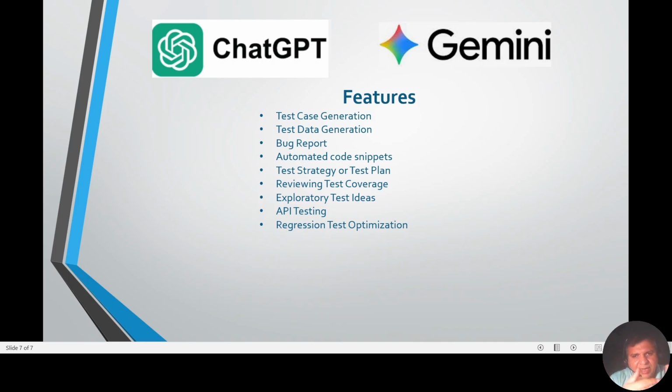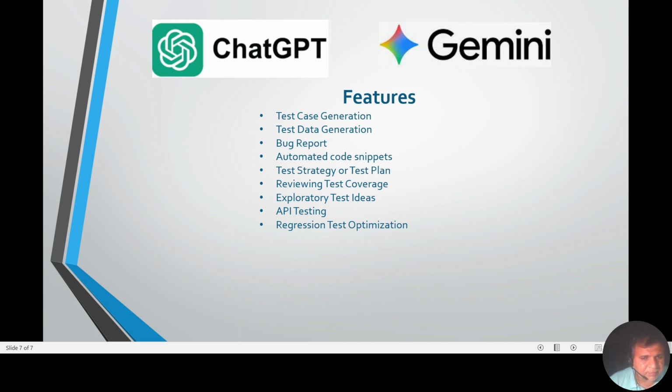Whenever we have a release cycle and very little time, just provide all the test cases we have, and mention in the prompt: please prioritize these test cases for our regression test cycle, and these are the critical areas, these are the non-critical areas. Based upon those inputs it will refine and do the regression test optimization.